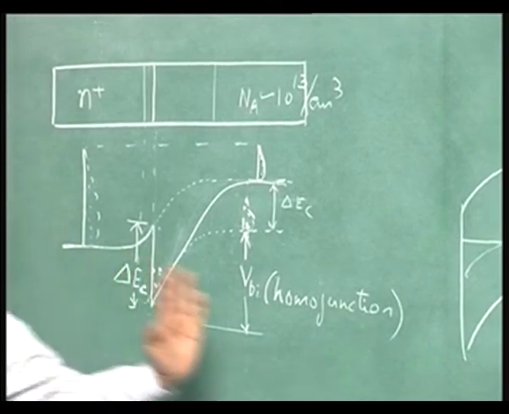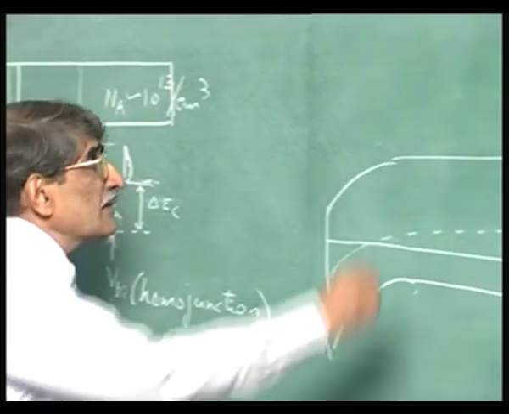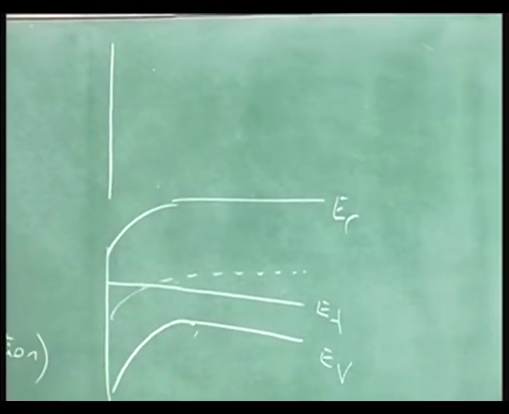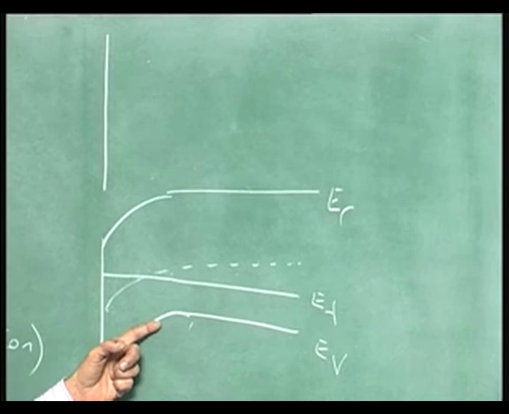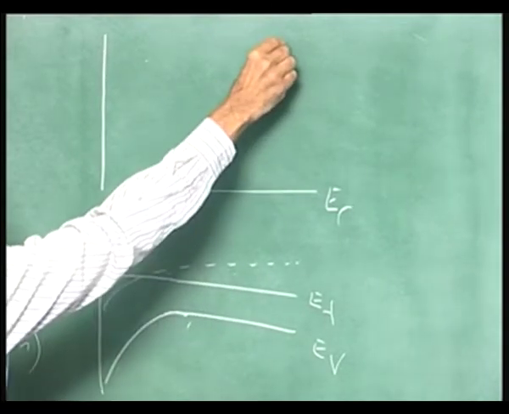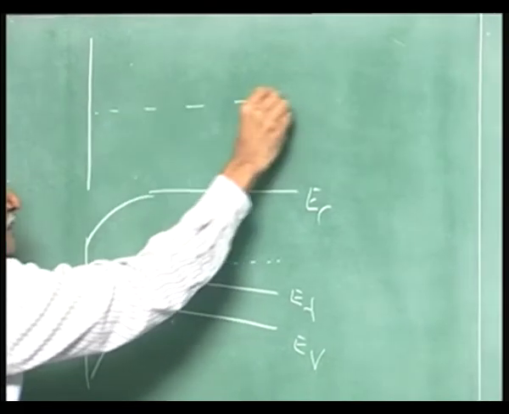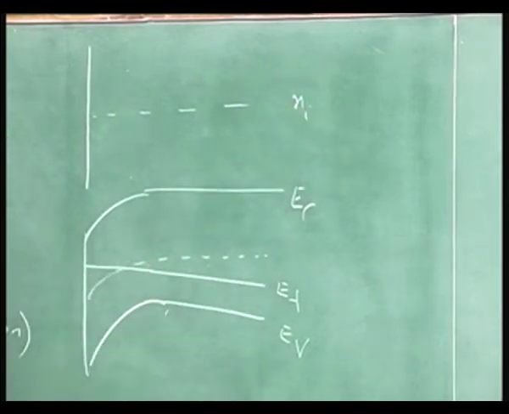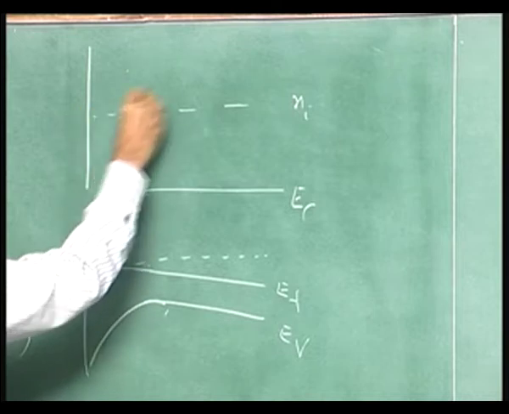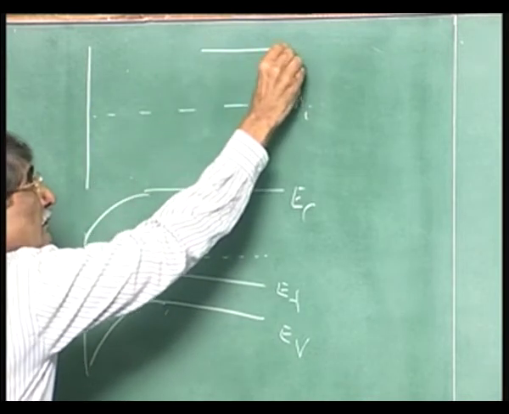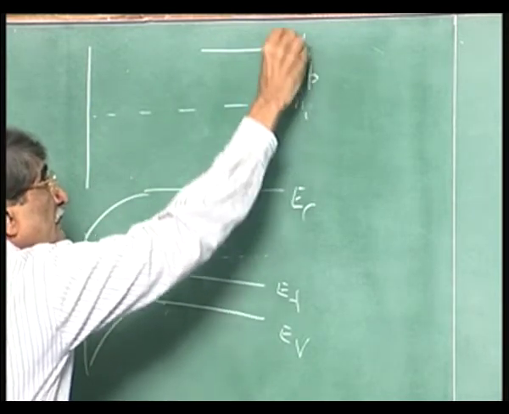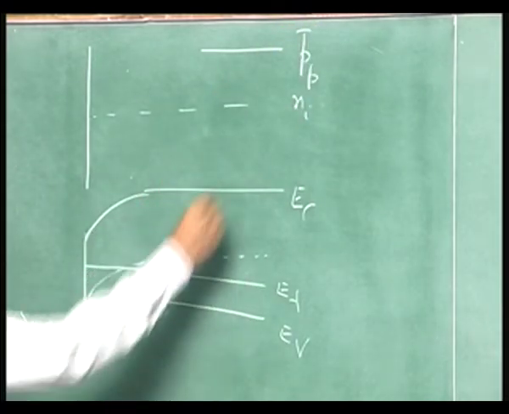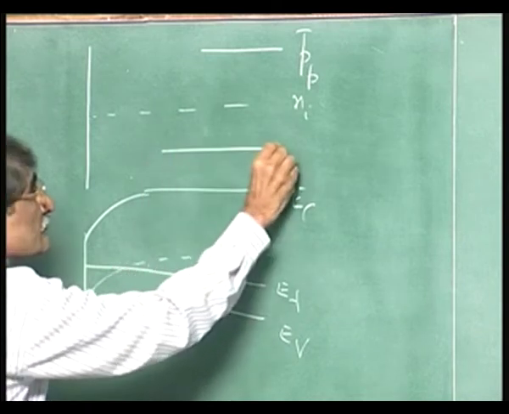Now, going back to the diagram once more, if you plot the hole concentration and electron concentration here, how is that? It is p type, I will put it as intrinsic, and it becomes p p naught bar for thermal equilibrium value, and you will have n p bar.